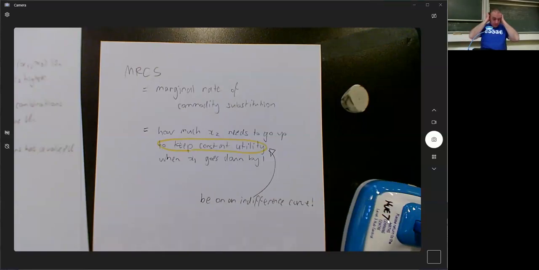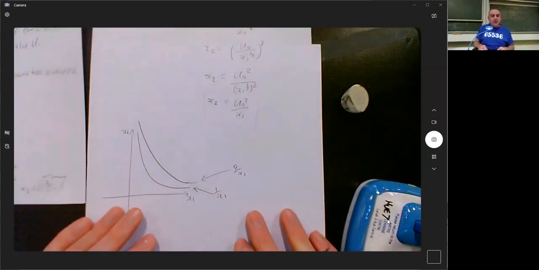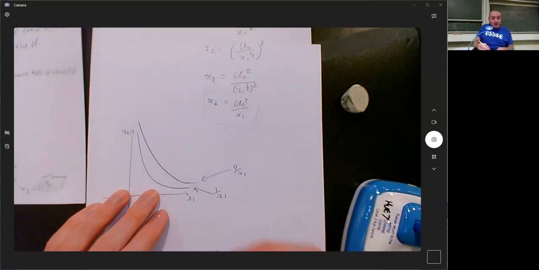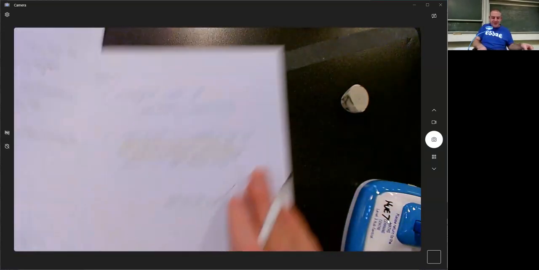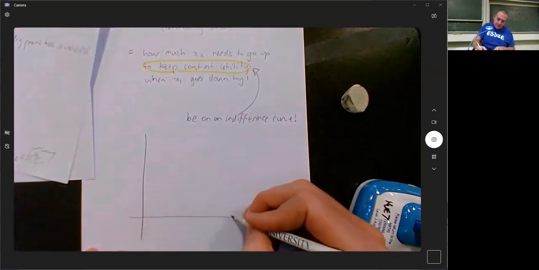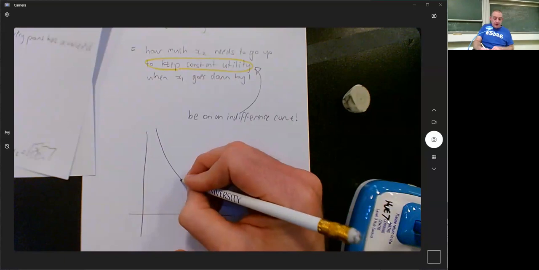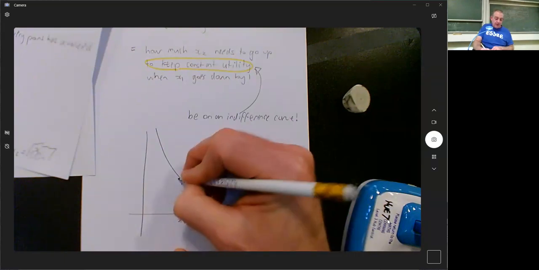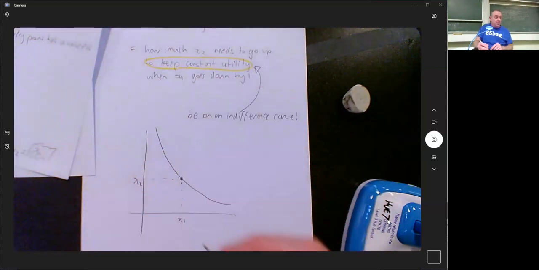So this is really interesting to me. If you're on an indifference curve, I'll just draw a new picture. So here we are on an indifference curve, and here we are at the position x1, and that's x2. Those 2 points together make the point x1, x2.